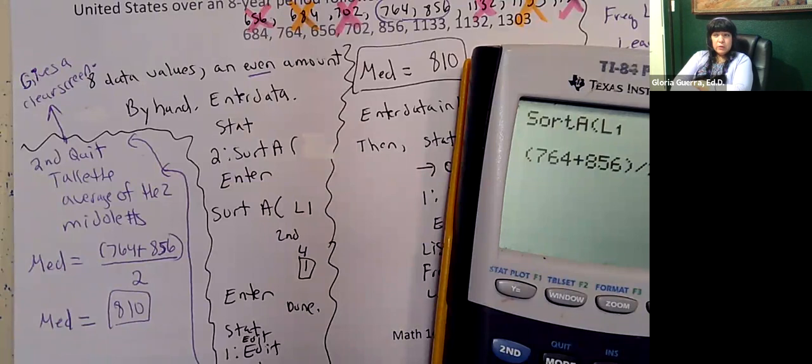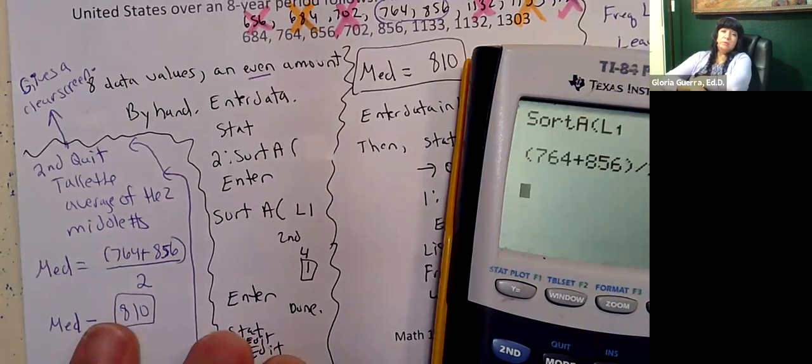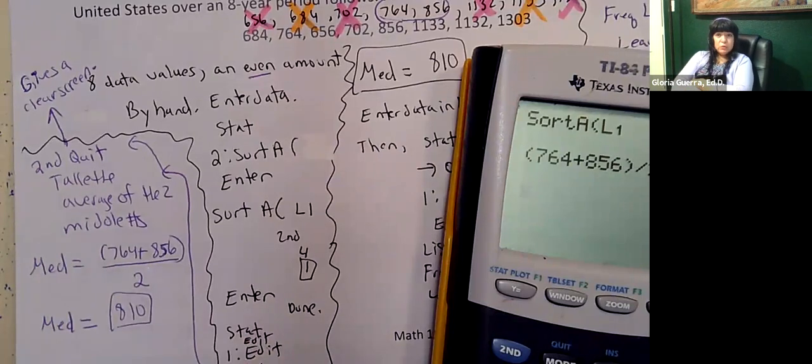So on the calculator, you enter your data, go to calculate one variable stat, and scroll down 3 times. And I look for MED, median. That's really all you have to do. When you're using a calculator, you don't have to sort it. I'm just showing you both ways so you understand what the calculator is doing, okay?